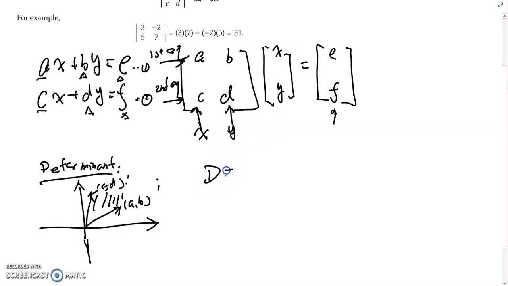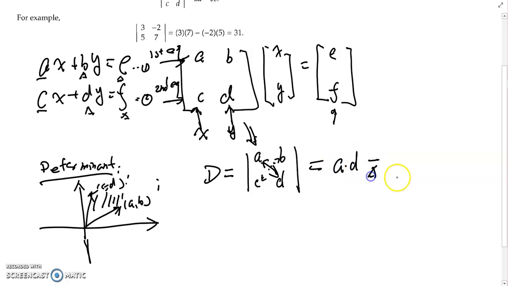Basically, we define D as the determinant of a, b, c, d. Per definition, it is the main diagonal a times d, minus the opposite diagonal, b times c. Be careful, it's minus.